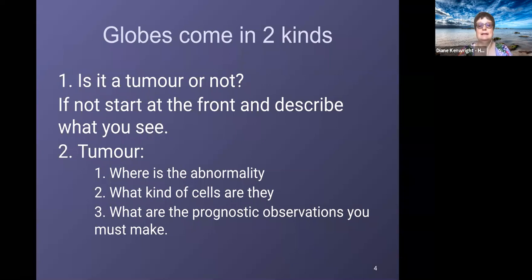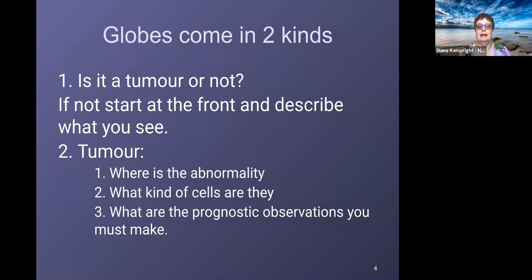We can expand that, for example, by saying the slide contains a tumor at the posterior part of the eye, which arises in the choroid and breaks through Bruch's membrane, forming a mushroom shape. Okay, so where is the abnormality can be quite a detailed description of what you see at low power. We'll come back to the importance of low power momentarily.